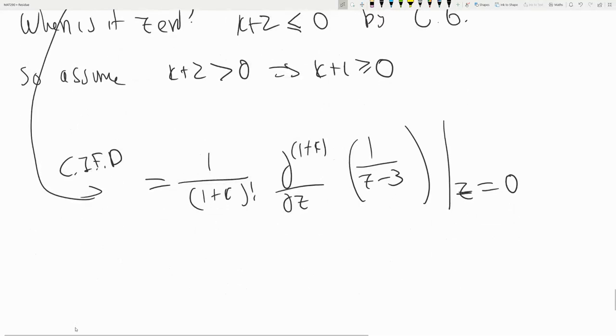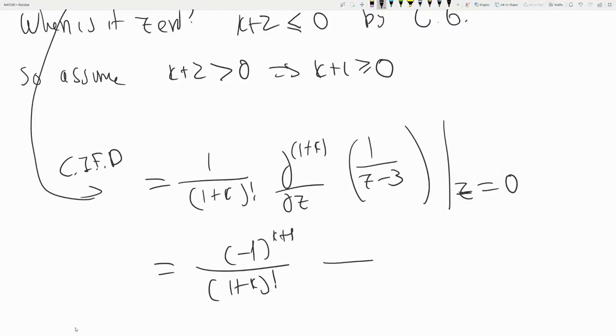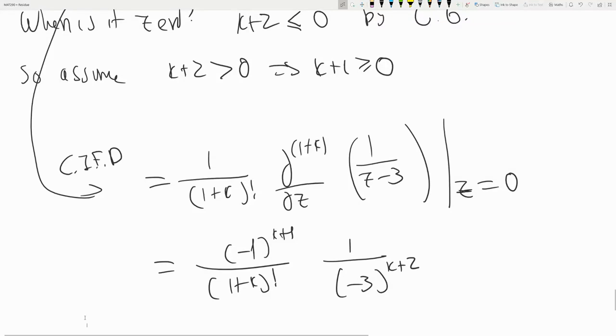All right, so I computed that, and that gives you minus 1 to the k plus 1, 1 plus k factorial, and minus 3 to the k plus 2. Good. All right.